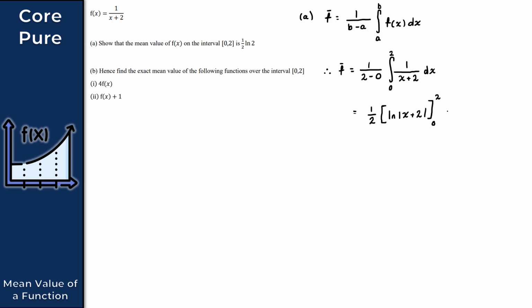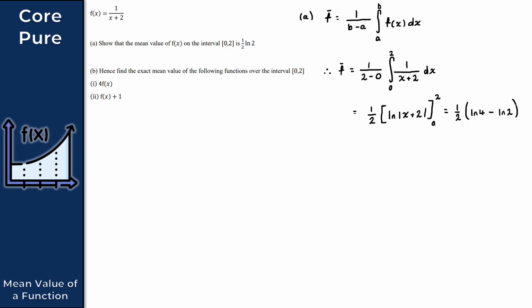We start with the upper limit and then subtract the lower limit. So we get a half times ln of 2 plus 2, that's ln 4. We then subtract the lower limit, ln of 0 plus 2, so minus ln 2.